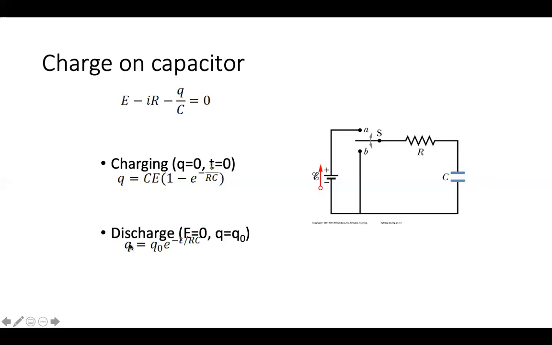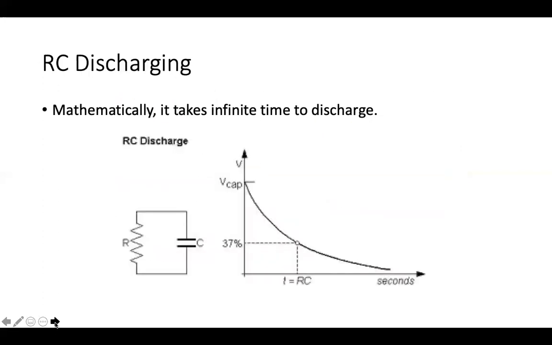Q represents the electric charge on the capacitor. That equals Q0, what it starts with at time t equals 0, times the exponential of negative time over the RC constant. Let's take a look at this in a graph.